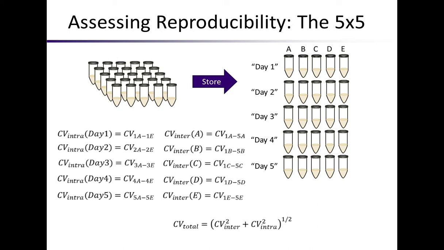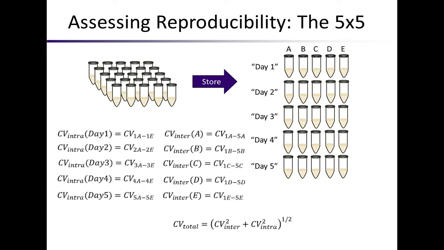We also want to assess our reproducibility, so the CV of the whole experiment. And this is actually done commonly in what's called a 5x5 assay. You can take a set of samples and store them, and analyze 5 samples on each of 5 different days, and get the CVs, first intraday.